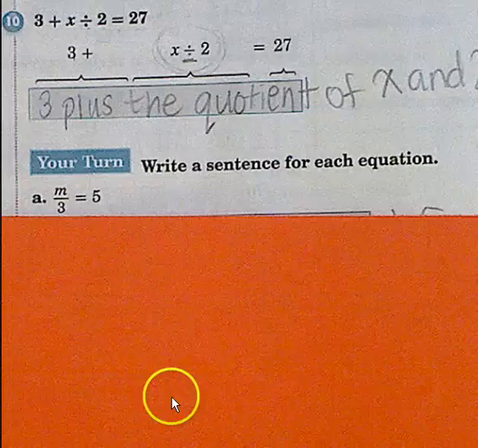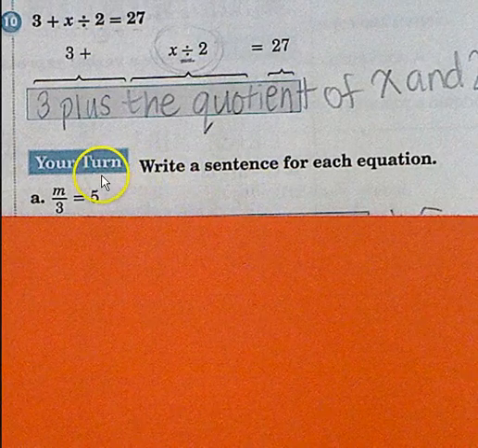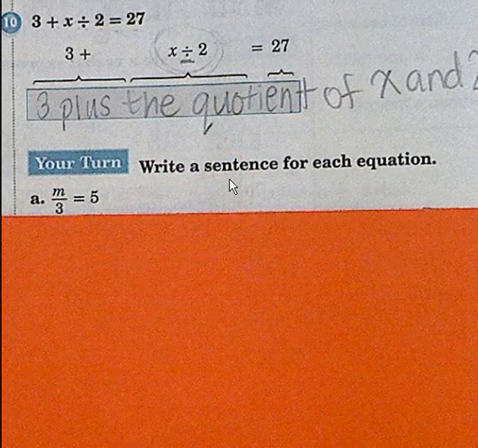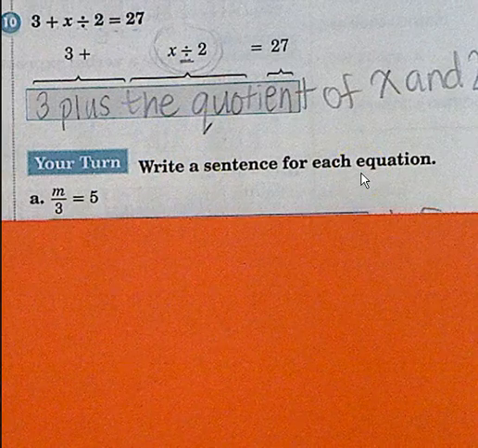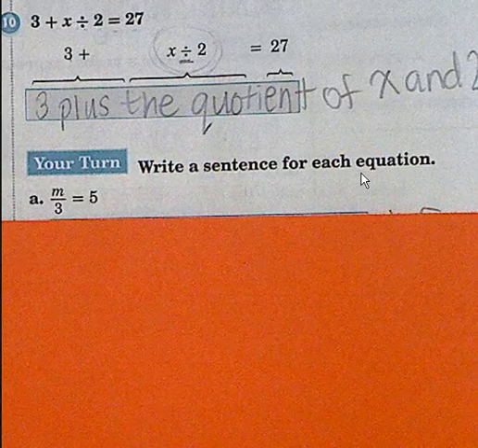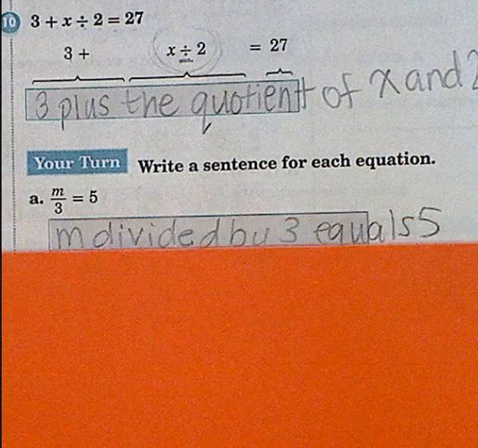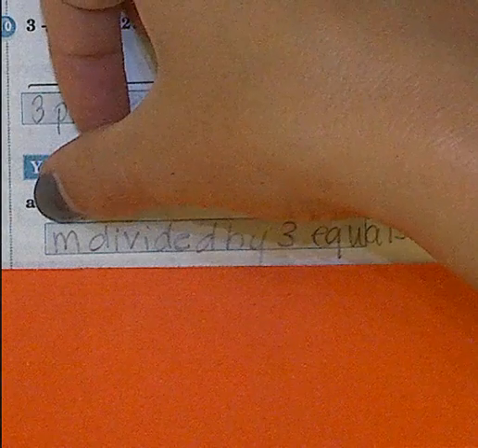Go ahead and pause it. Okay, so your turn. Here we go. If you need to pause and try these on your own, that would be great. M divided by 3 equals 5. Right when you just say that sentence, you can already write it down.